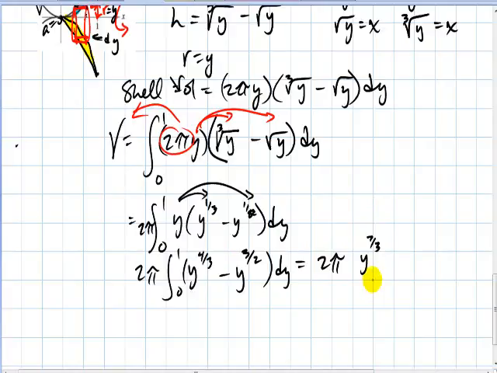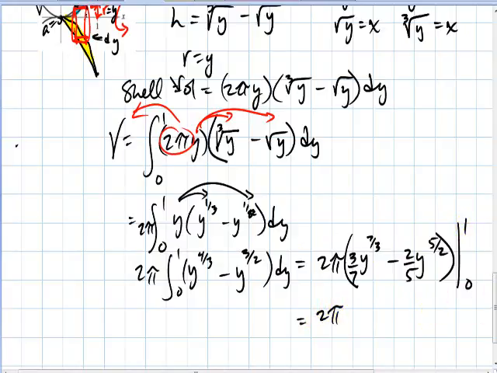You divide by 7/3, which is the same as multiplying by 3/7. Minus y to the 3/2 plus 1, which is 3/2 plus 2/2, or 5/2, divided by 5/2, which is the same as multiplying by 2/5, evaluated from 0 to 1.